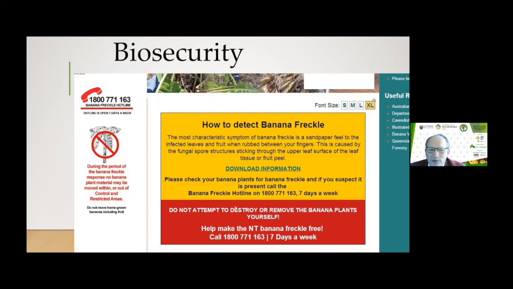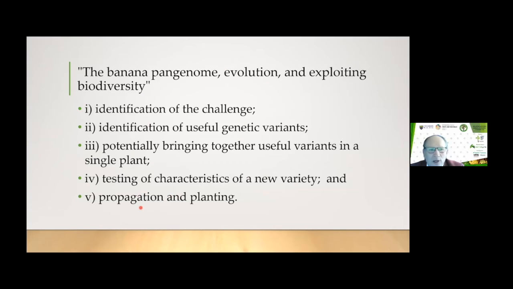Don't destroy or remove them yourself, but get people in who know about that. Do not move bananas. So this is all a way that we can control the disease spread, and that's part of the agronomy in the way that they're being grown.